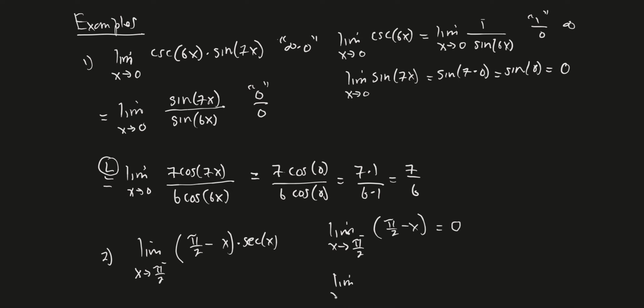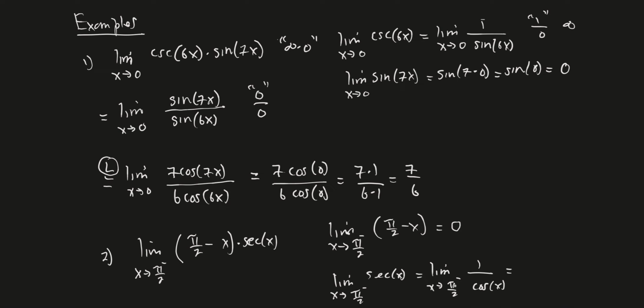What about the other one? If we have the limit as x approaches pi over 2 from the left, this is our secant function. And as I said, I think most of us are more comfortable thinking in terms of sine and cosine, not necessarily secant, cosecant, so rewrite secant as 1 over cosine.